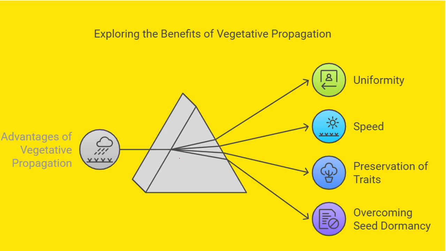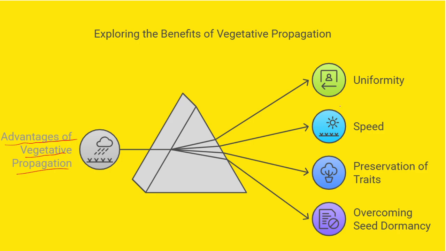Now we discuss the advantages of vegetative propagation. Vegetative propagation is most useful when we need a parental copy.